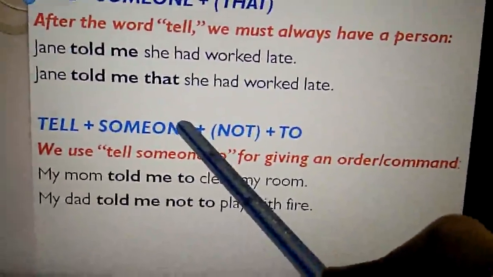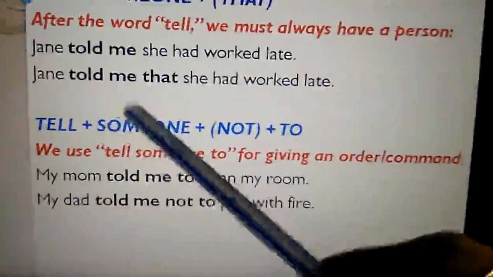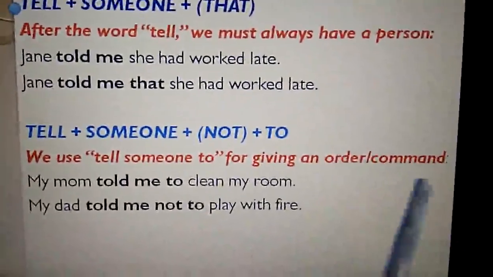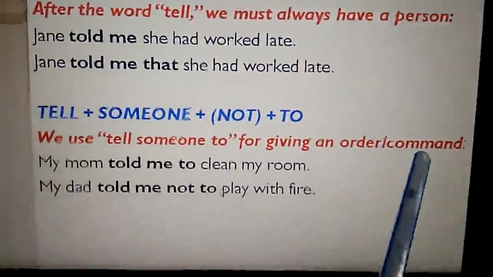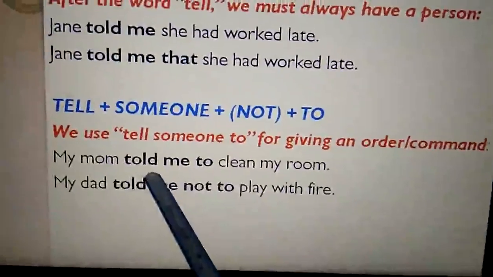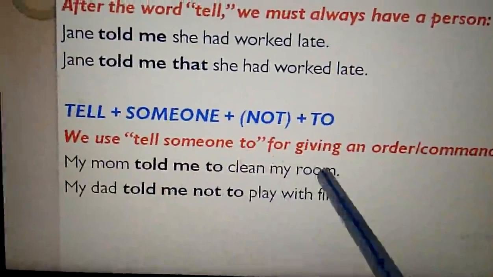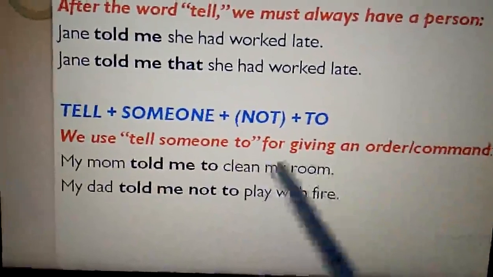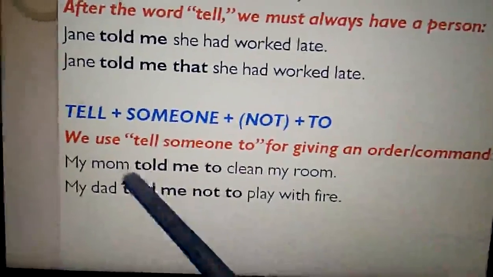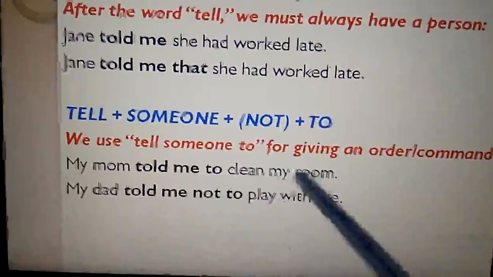That means when the sentence is an order or a command, usually this kind of sentences we call imperative sentences. And see an example. My mom told me to clean my room. Clean my room is a kind of imperative expression. My mom told me to clean my room.